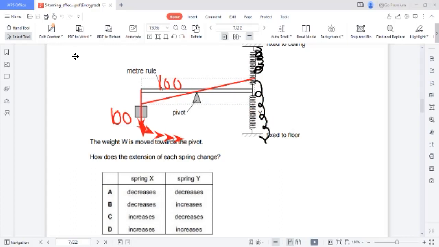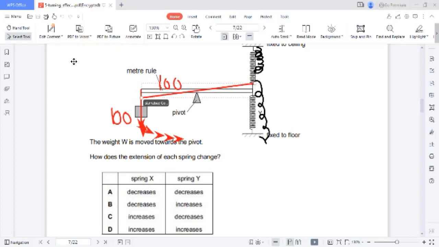As we start moving the weight towards the right, the anti-clockwise moment starts decreasing, and the situation starts changing. It starts getting flat and flat and flat.